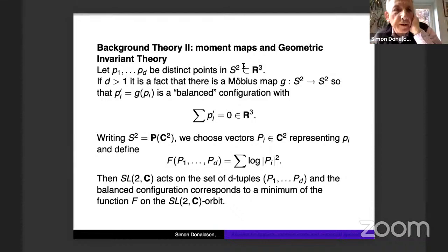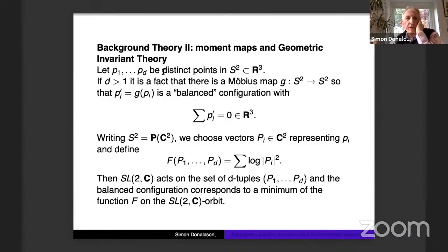So let's think about a toy model. Supposing we have a finite set in the two-sphere, we have some distinct points, so at least more than one. Then we can move those points by a Mobius map, so that after moving the points, we get what I'll call a balanced configuration.